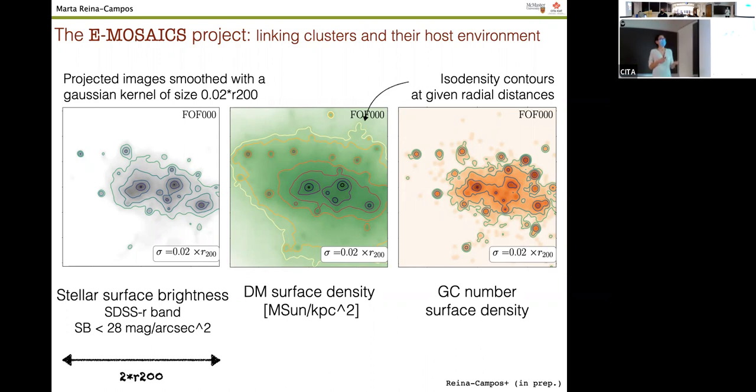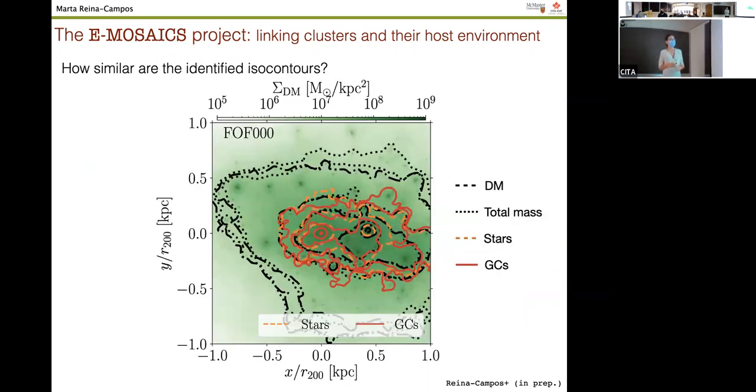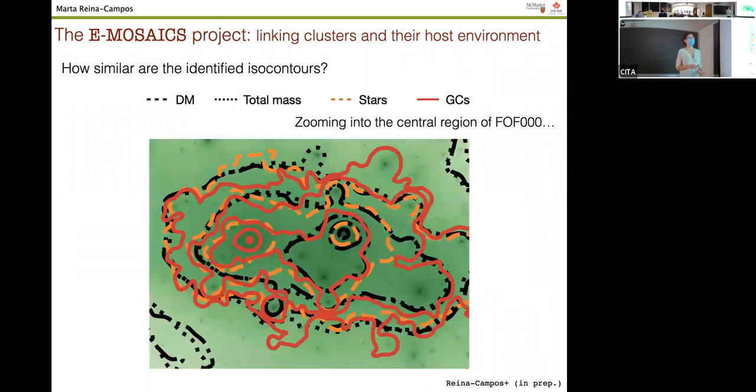So the first way that I'm trying to assess this is, first of all, just putting everything within the same figure. This is a bit of a mess, so let's zoom in to the region of interest. What we're looking at are the isodensity contours identified in the dark matter and the total mass with these black lines. The isodensity contours from the stars are the orange, and the ones from globulars are the red ones.